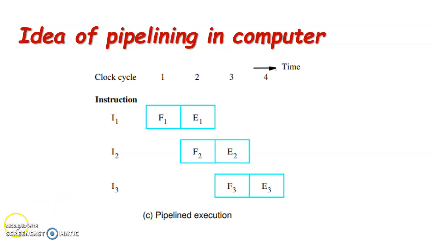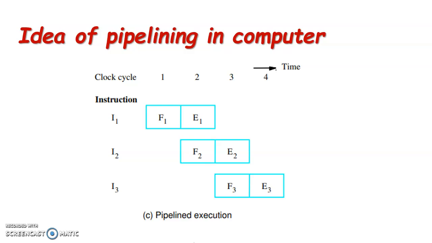That is, in a pipeline system, multiple instructions are overlapped in execution. Overlapping means before completing the execution of an instruction, the next instruction can be started. Here, the simultaneous execution of more than one instruction takes place in a pipeline processor.